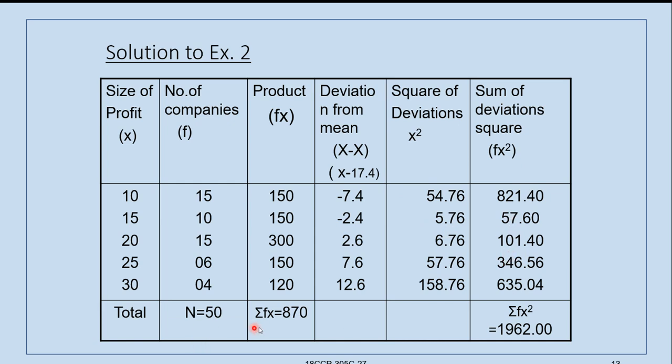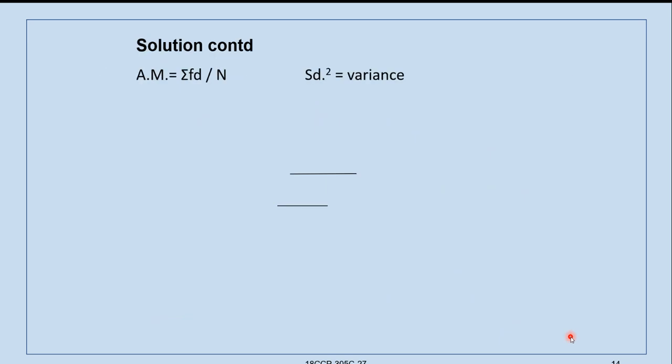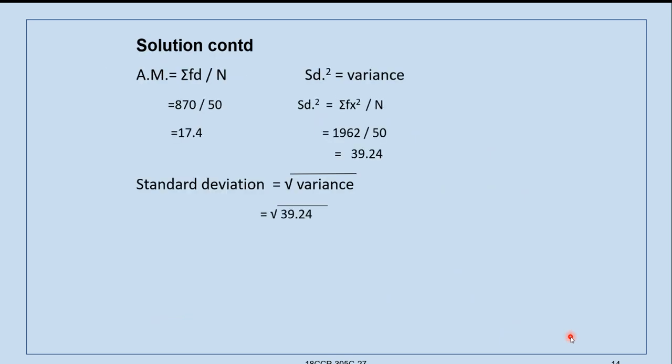So we got n is equal to 50, sigma fx is equal to 870, and sigma fx square is equal to 1962. So these three values are required for calculating the discrete series in the direct method, that is, deviations taken from the actual mean. Now we will see the application of the formula. We will substitute the values in the formula.